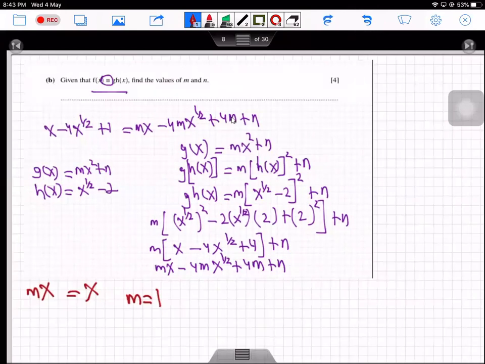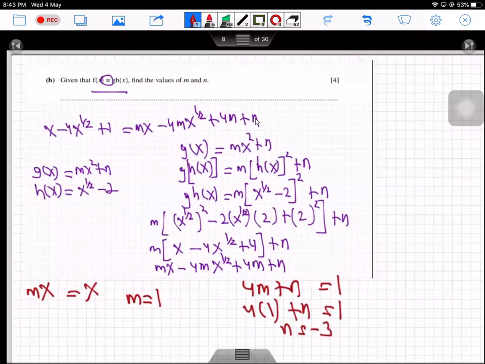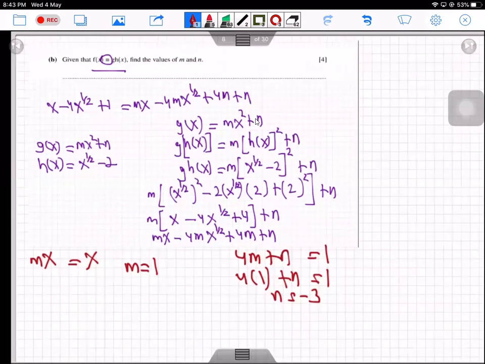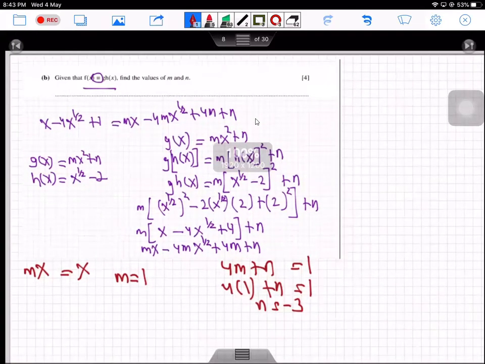Since these both terms are independent of x and x raised to the power half, these are the constant terms. So 4m plus n will be equated to this constant term 1. Since m is equal to 1, 4 times 1 plus n is equal to 1. Therefore, n is equal to 1 minus 4, n equals minus 3, and this is your final answer. As simple as that. M is equal to 1 and n is equal to minus 3.